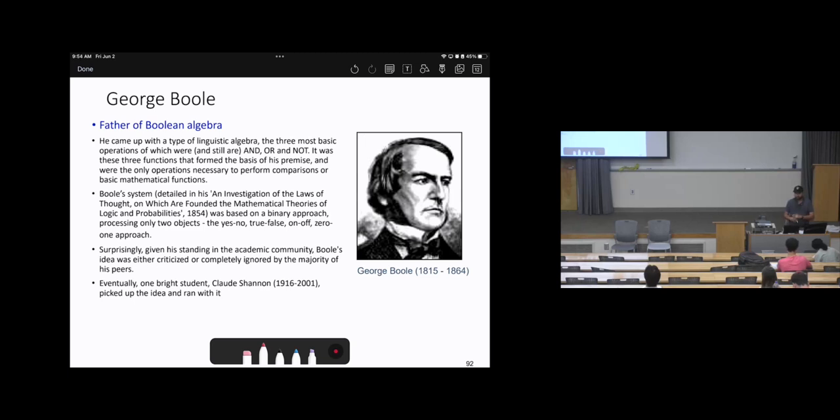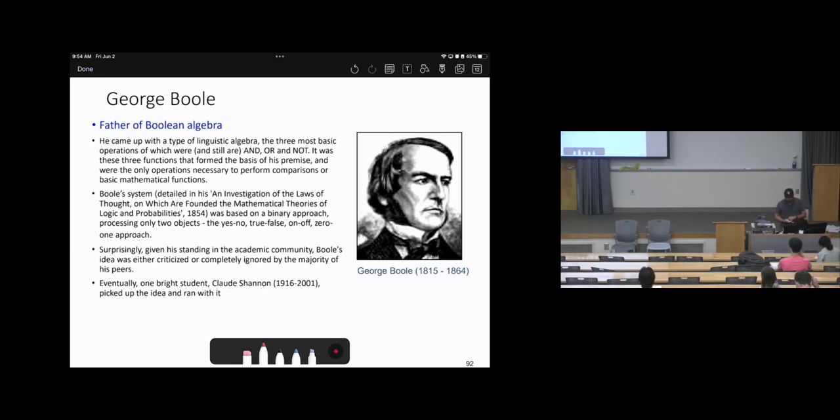He tried to take the binary numbers, zeros and ones, make them simple, and connect them with the operators AND, OR, and NOT. So he did some basic functions and tried to simplify them, and then we created what is called Boolean algebra.